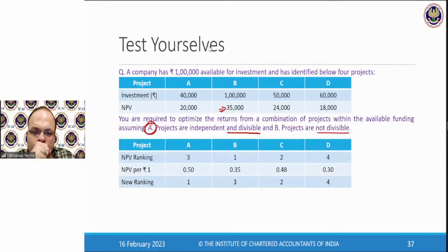Mind you, you need to remember that ranking is for the NPV per rupee, so project A is rank number 1, right? I got answers from Josh and Alok already.